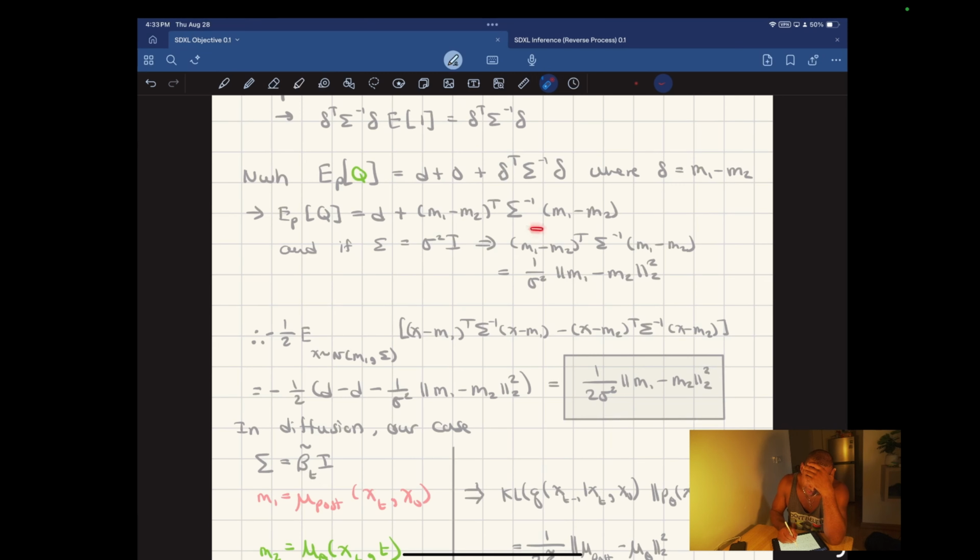So then that means that this is just the squared L2 norm of M1 minus M2, right? Because this is just 1 over sigma squared times I, right? And then we can bring the sigma squared out and leaves us I here. That's just this times this, which is the L2 norm by definition.